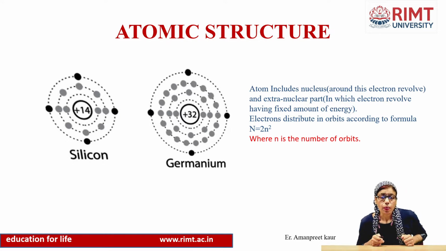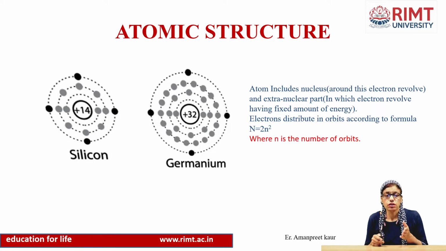The maximum number of electrons that can be in an orbit is given by the formula 2n², that is, 2 into n raised to power 2, where n is the number of the orbit or shell.